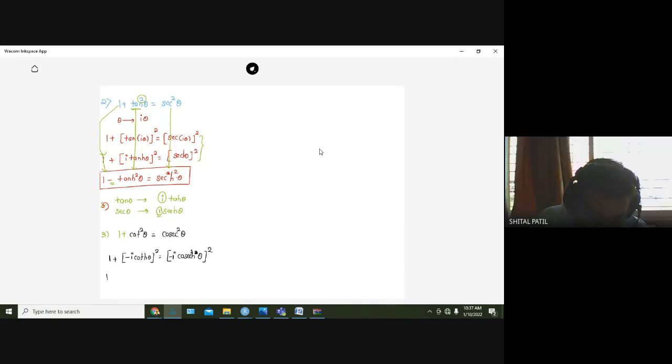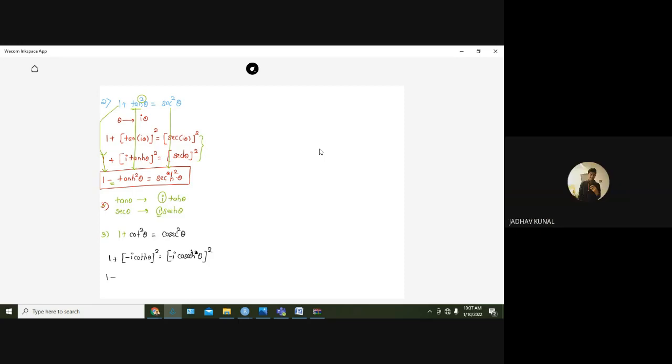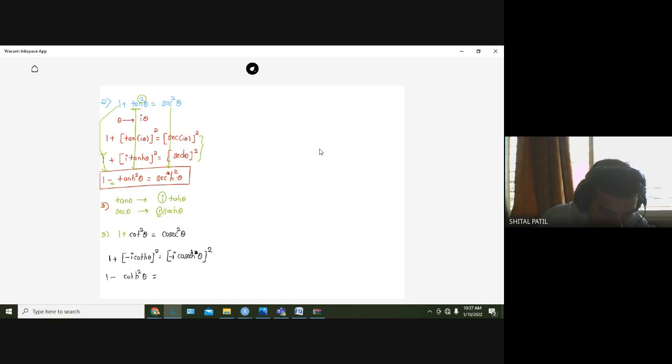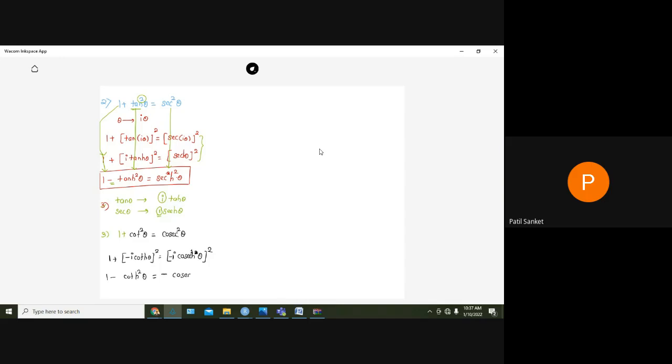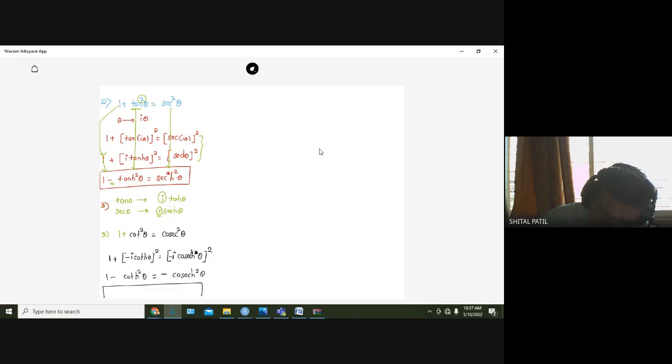Minus sign square is there, so minus will be plus, and I square is -1. So minus, and minus 1 also. So the identity is like this.